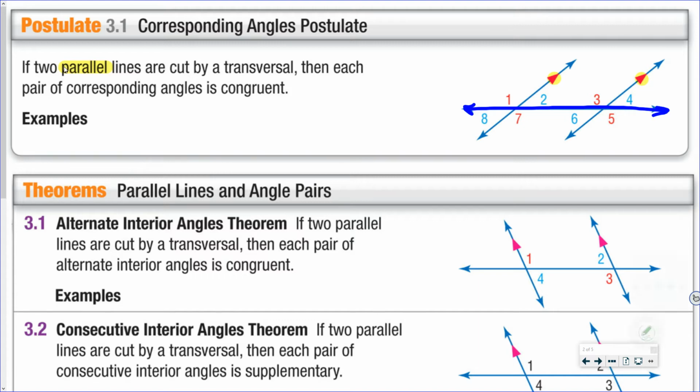If you want to use your highlighter, you can, or you could do this too: this angle is going to be congruent to this angle. Corresponding angle means same location. That's why I highlighted 1 and 3. Those are both in the upper left-hand corner. Those are going to be congruent.